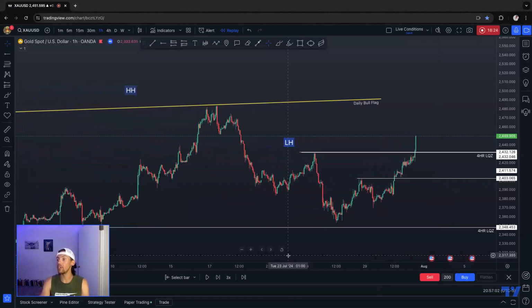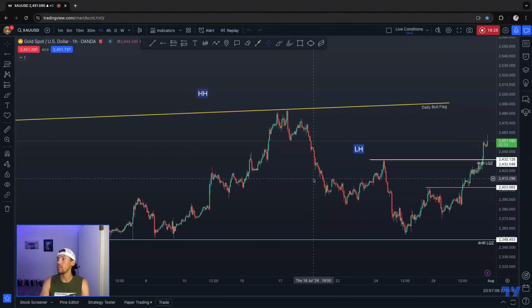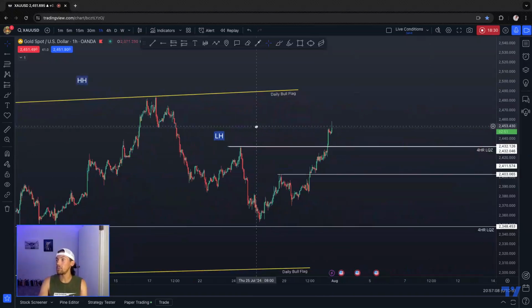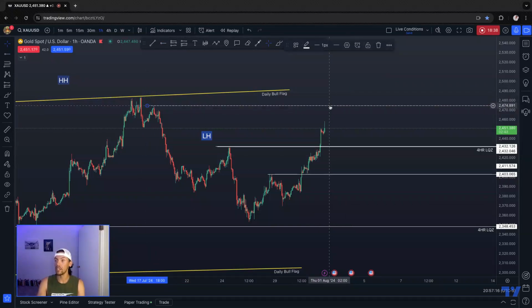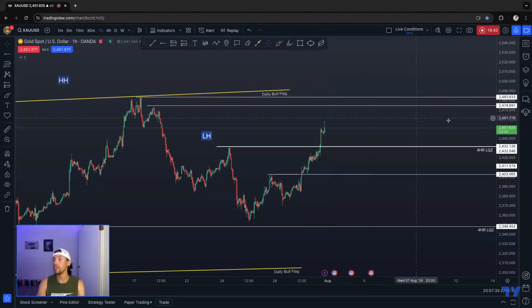So right now, currently, inside of the market, let's clear this off. We have a minute and a half left. What are we looking for? Right here, I want to see either a rejection of this or I want to see a break of this. And really, it should be this area right here.